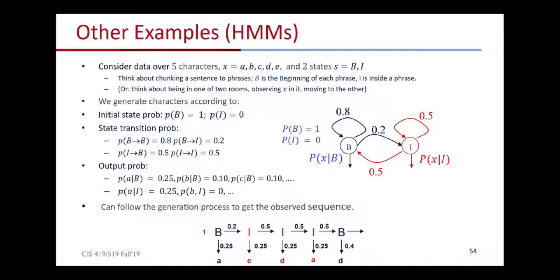When we were there, a word was generated, and so on. So we imagine that this is how the sentence was generated. And once you have a sentence, you want to figure out what the states were. What are the part-of-speech tags that correspond to this sentence?